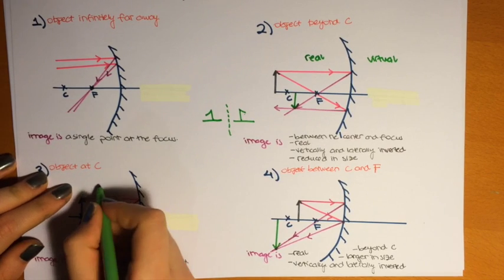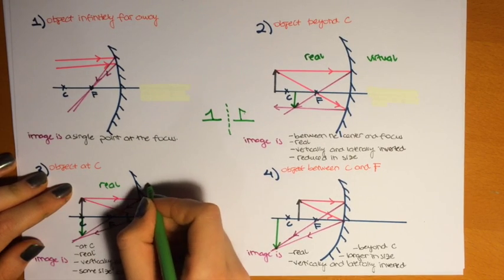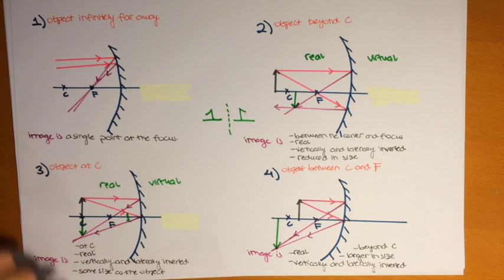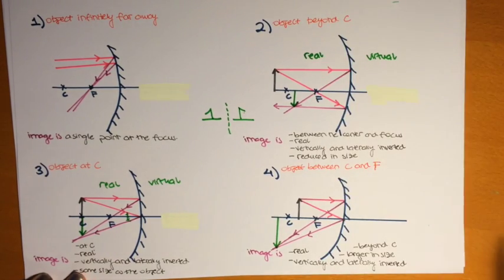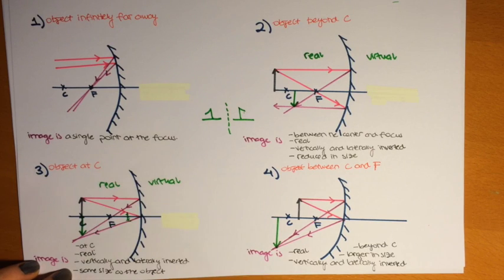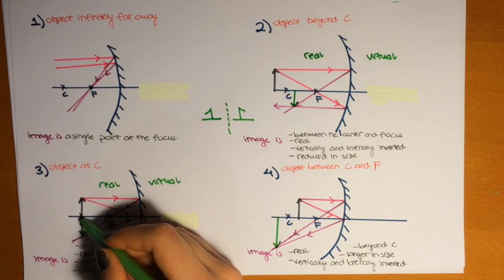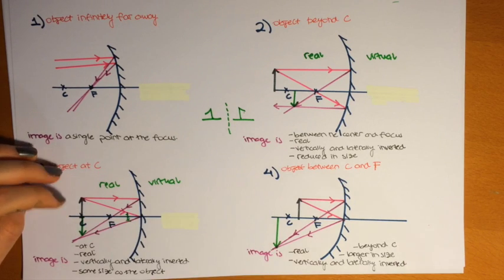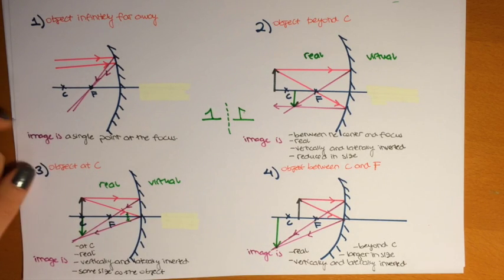It's a real image because it's on the side where the object actually stood. It's vertically and laterally inverted because the real image is always upside down. And it's the same size as the object. So if the object stands at C, the image will also stand at C, just the upside down version of the actual object.